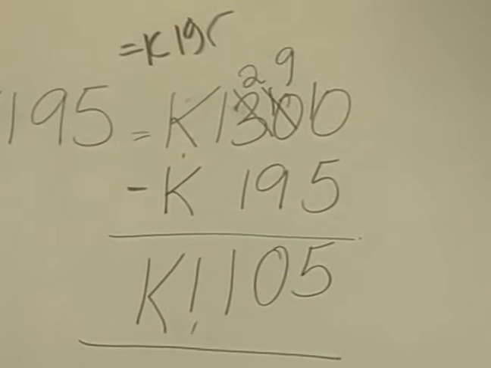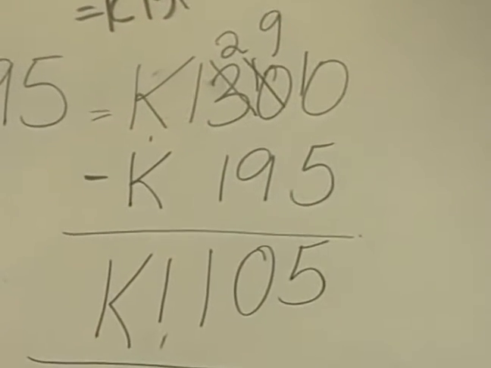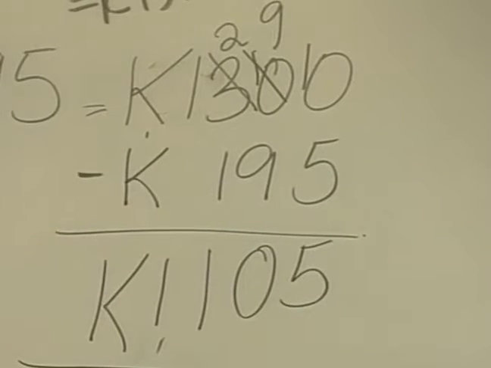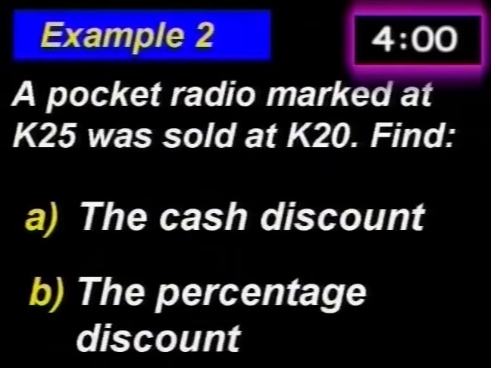Very good. Now you have an activity to do, either in your groups or with your friend. A pocket radio marked at 25 kina was sold at 20 kina. I repeat, a pocket radio marked at 25 kina was sold at 20 kina.